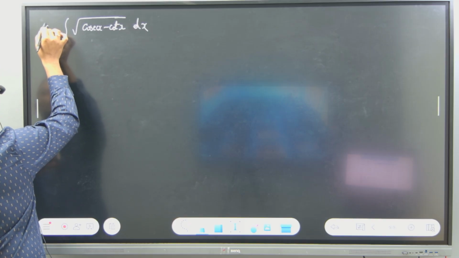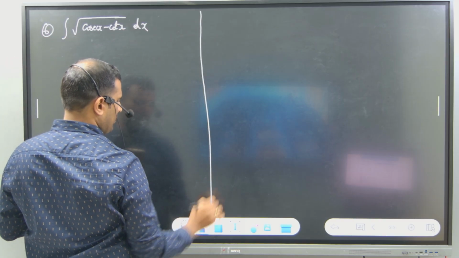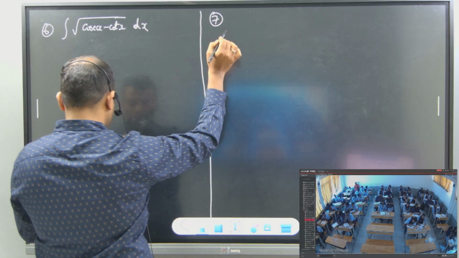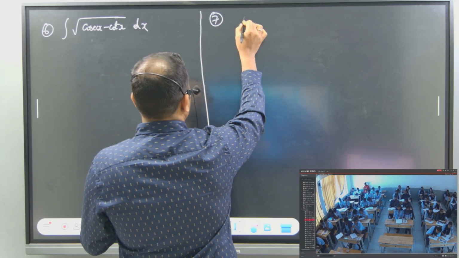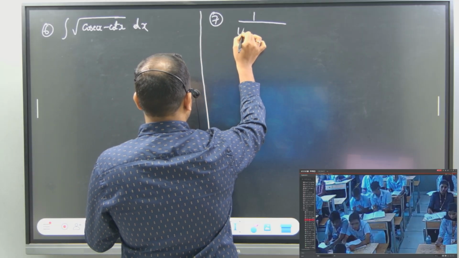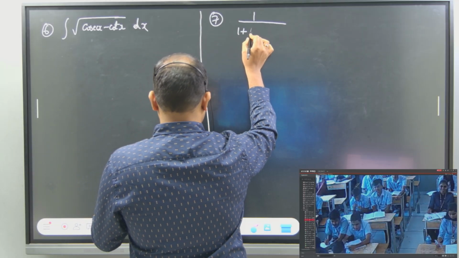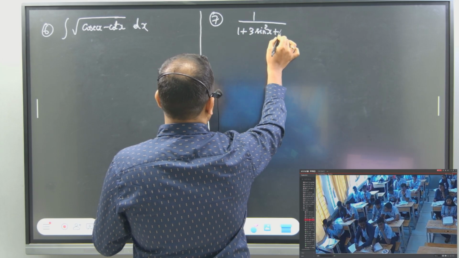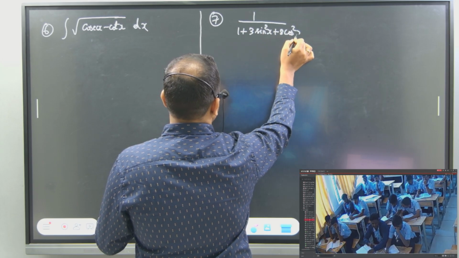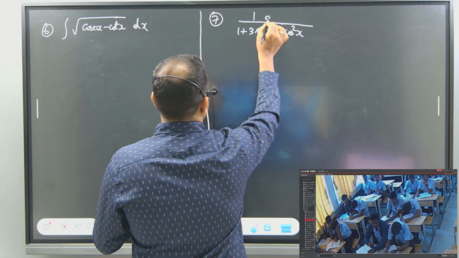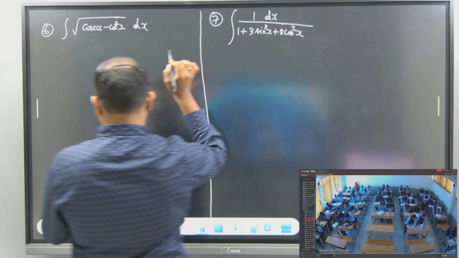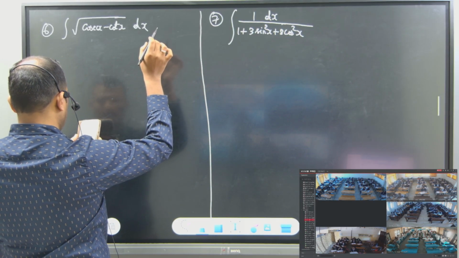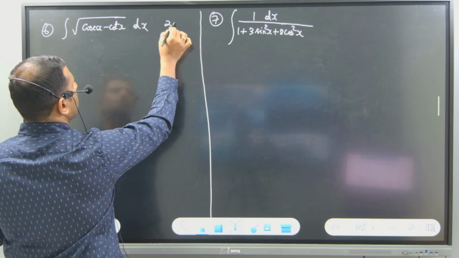This is the 6th question. Then I'll put the 7th question also. We'll solve one of the two quickly. Integral 1 by 1 plus 3 sin square x plus 8 cos square x dx. Both appeared in 2023.